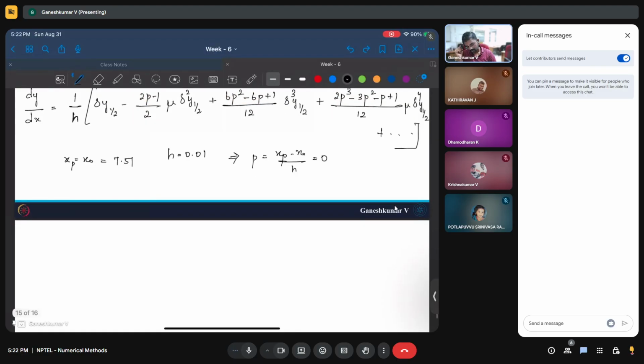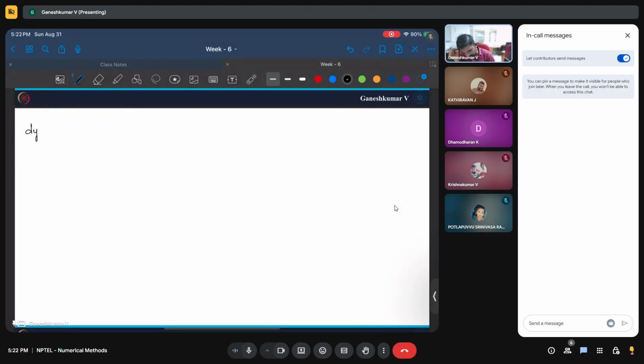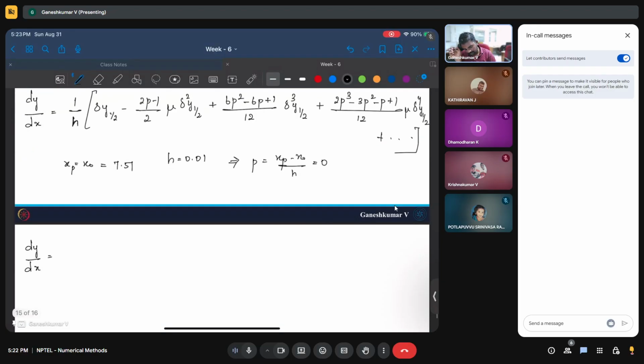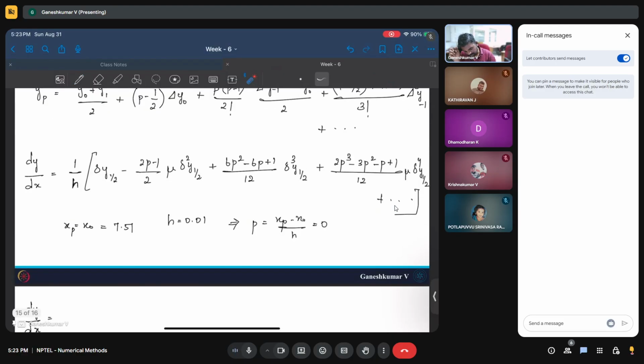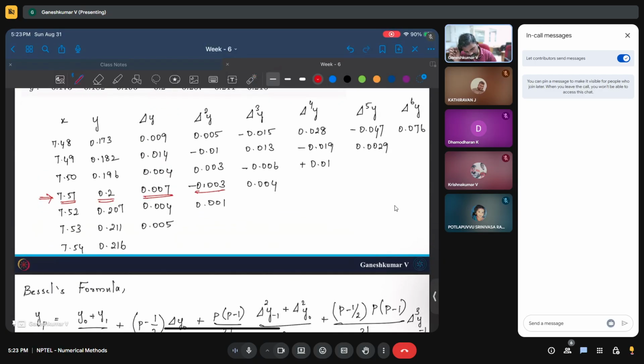Okay. So if you simplify that and write the formula, it is going to look something like this: dy by dx is equal to, and whenever you have mu, you do average, right? So in this case, you have delta square having an average. For delta square, you need to do an average of this and this. This is a forward difference.